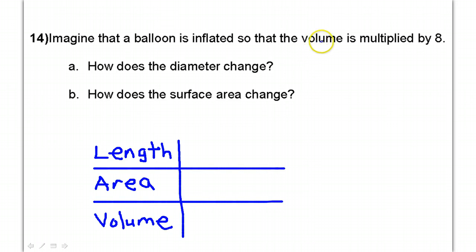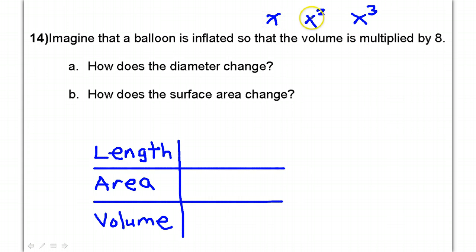Now let's fill in the thing that we're given. The volume is multiplied by 8. Now we know that if we assume that the dimensions are basically the length is x, then we know that area is x squared and volume is x to the third power.